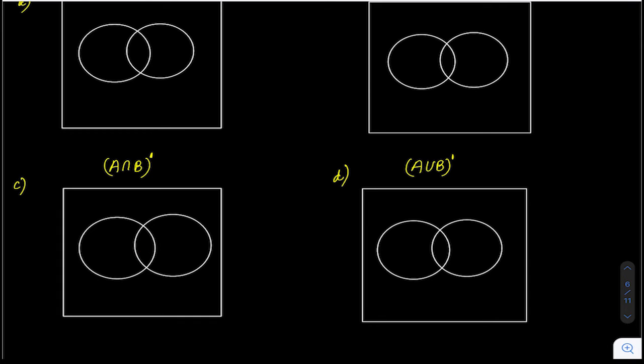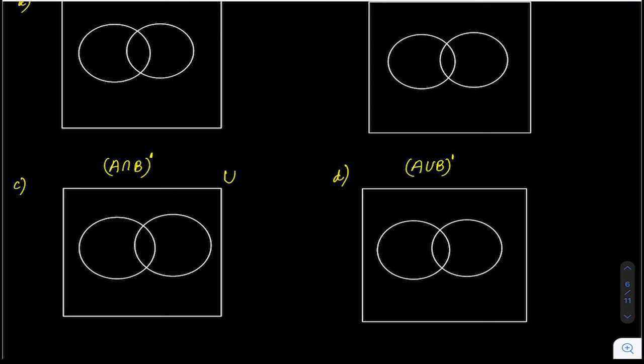It means not A intersection B: all the elements that are either in A or B but not in both of them. So except this common part, everything else comes in A intersection B complement.